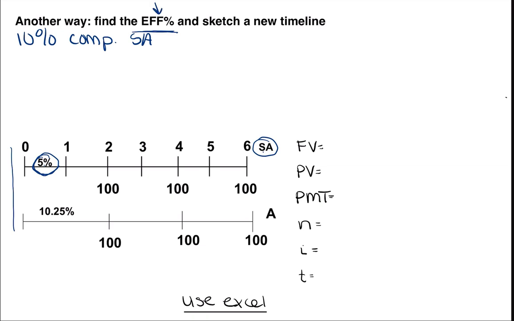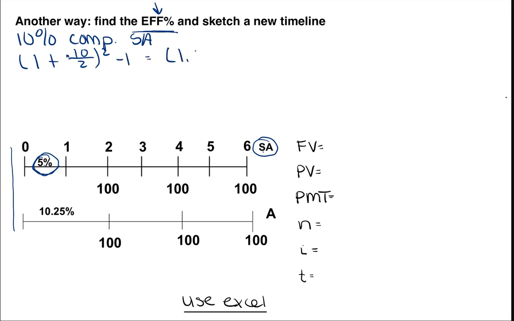When I do that, I'm going to get 1 plus the 10% divided by the number of compounding periods, to the power of 2, because that's the number of compounding periods, minus 1.